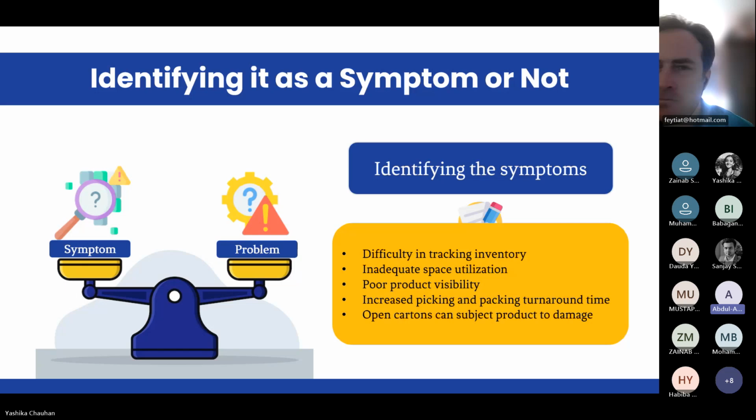The next workshop. Having said that, I just want to highlight something. When we are talking about symptoms and causes, these are two different things. The cause will produce the symptom, and the symptom is what you actually see. This haphazard arrangement is the symptom that we are seeing.